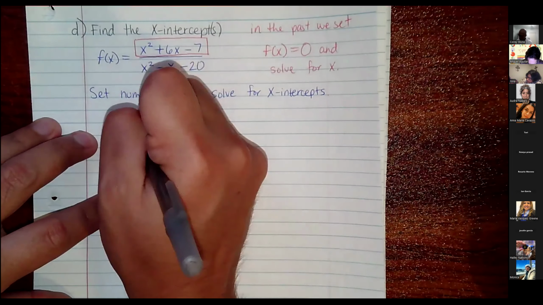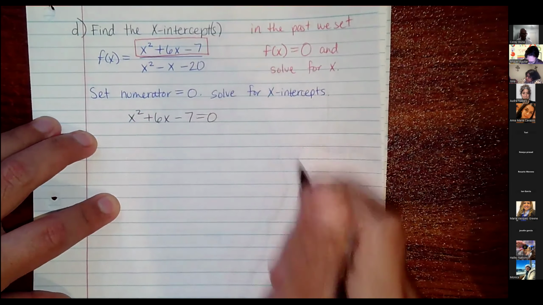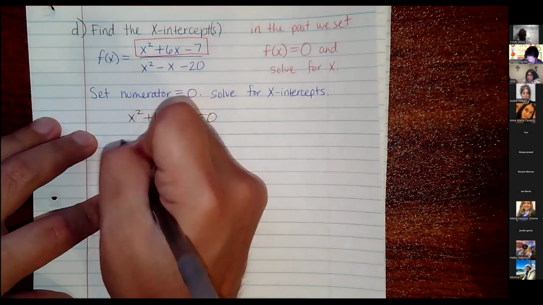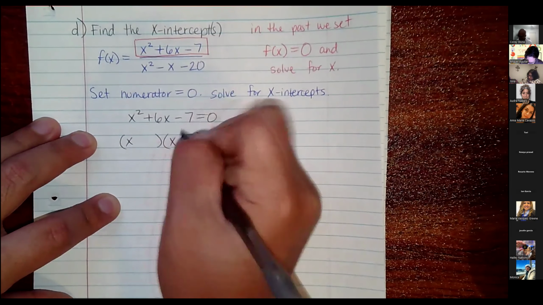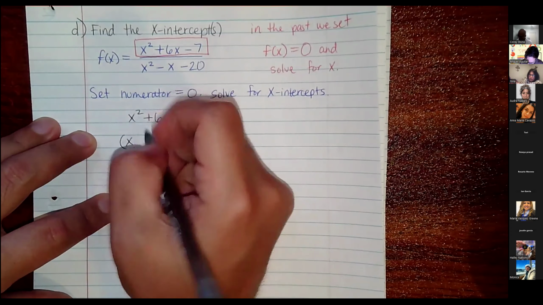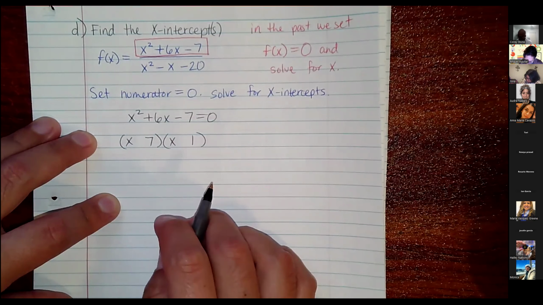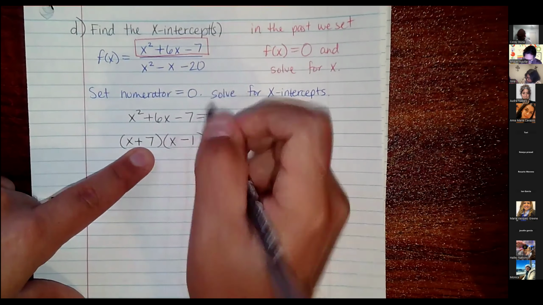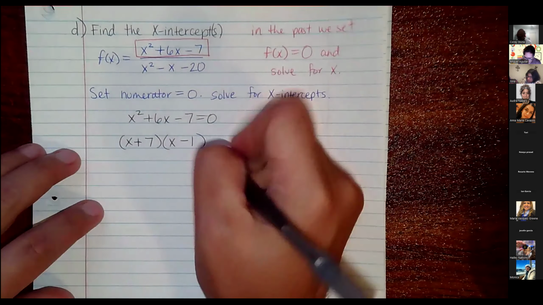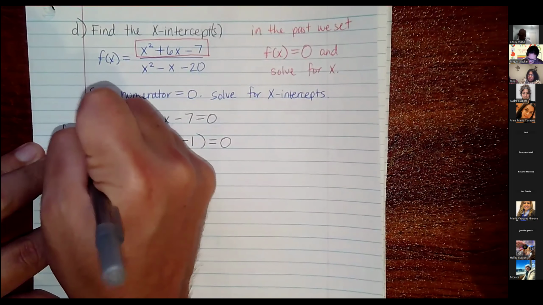So I'm just going to take x squared plus 6x minus 7 equal to 0. And then I'm going to do the fast factoring method. We'll have x, and then we need a 7 and 1, or a 1 and 7. That's got to be a positive 7 and a minus 1 so that we get the positive 6 there. Fast method.